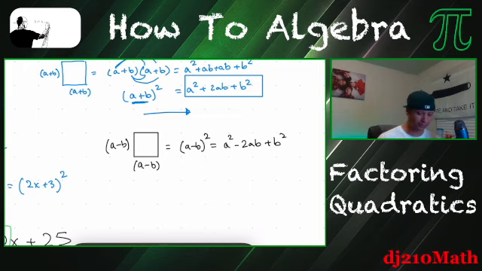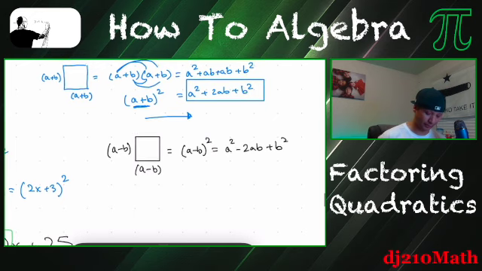So it looks very similar. The only difference is that there's a minus right here. With this being said, going this direction, there is a nice little trick that's worth mentioning.